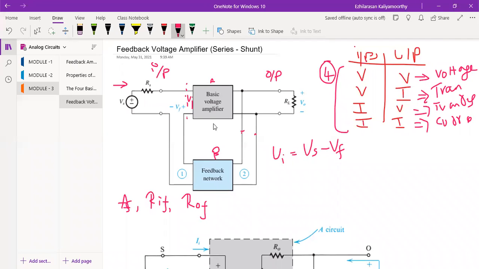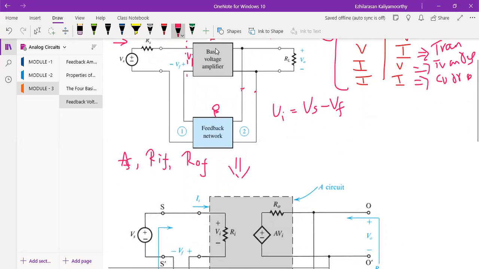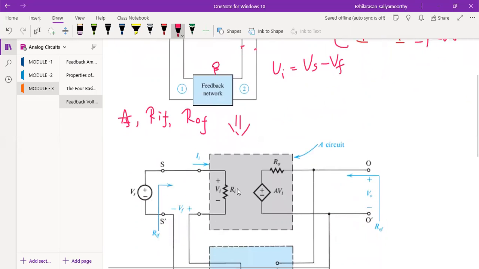Instead of calculating directly, let us redraw this diagram with the ideal equivalent structure. This is the ideal structure. This is a basic voltage amplifier; you have to think of it internally, assuming it with respect to an operational amplifier. The equivalent diagram of this will be like this.